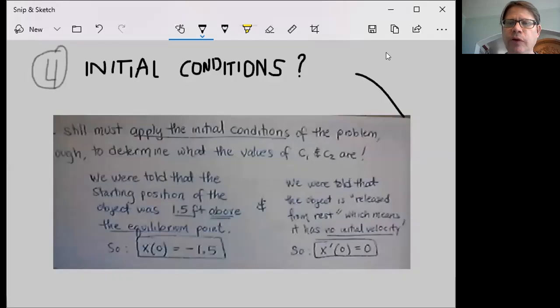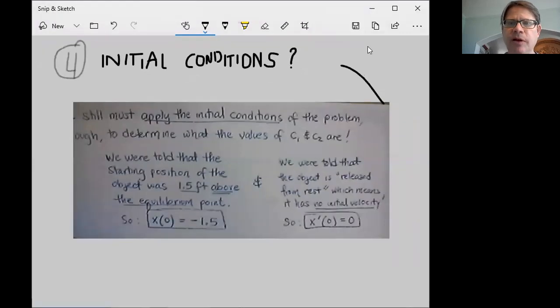Here's our screen showing our initial conditions, our fourth graffiti screen. I hope you've been enjoying my graffiti. What are the initial conditions? We were told two things about this system: an initial position, which was 1.5 feet above equilibrium, and we were also told that the object was going to be released from rest.